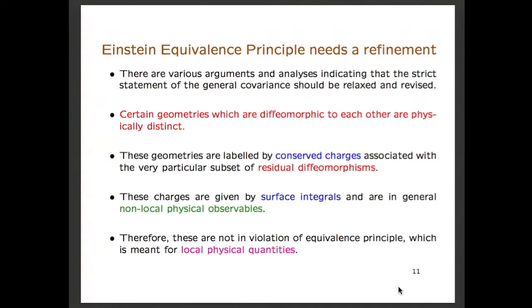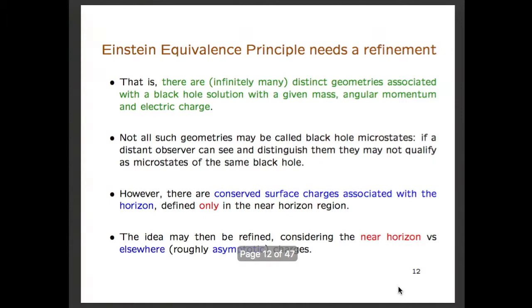So this is basically the viewpoint that I'm going to take, that there are, usually, infinitely many distinct geometries which are associated with the same black holes, with the same mass and angular momentum and other classical charges.